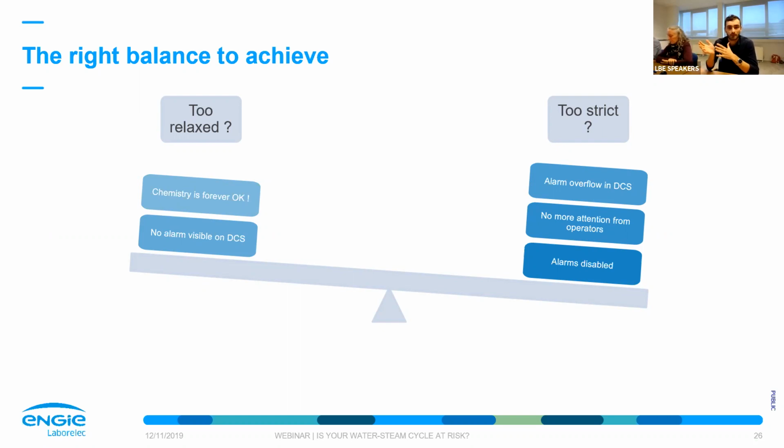On the other side, you can be too strict, and then you will have a lot of alarms in the DCS, an overflow of alarms. That means that in the end, your operators will not look at those alarms anymore, and maybe those alarms will be disabled. So in the end, we have no control over your chemistry, which is not the target.